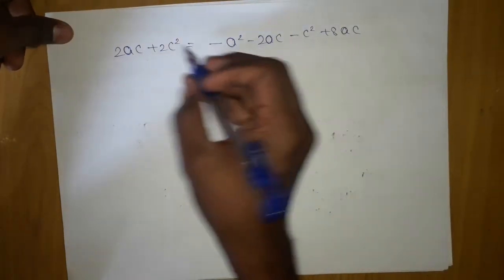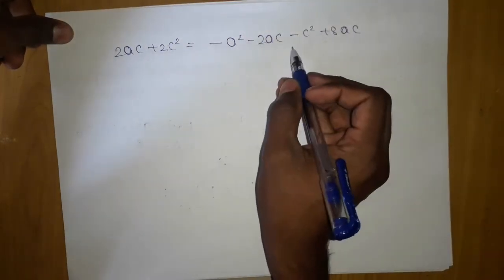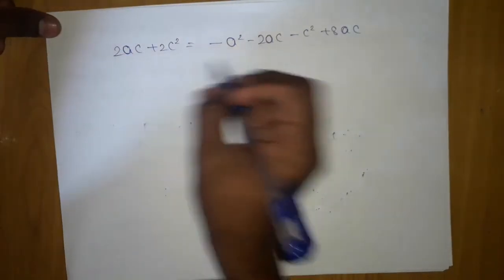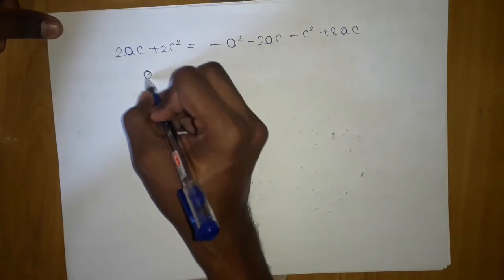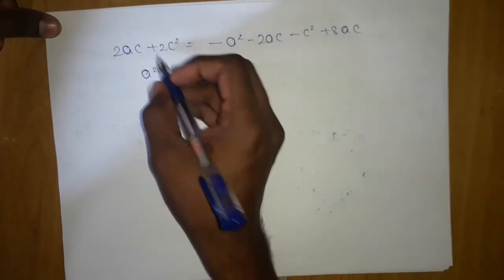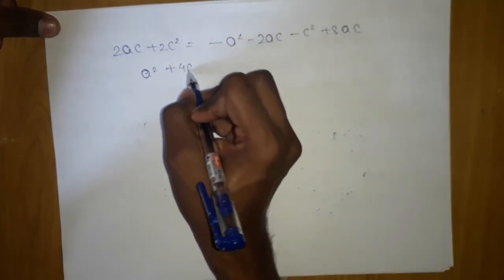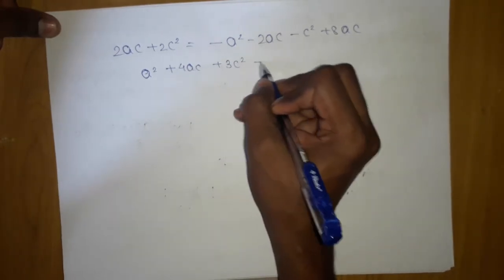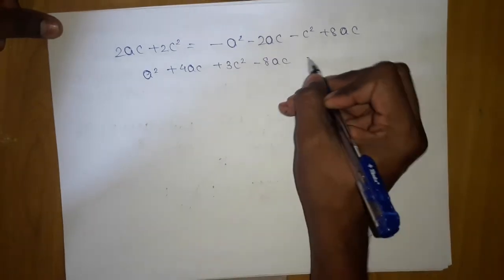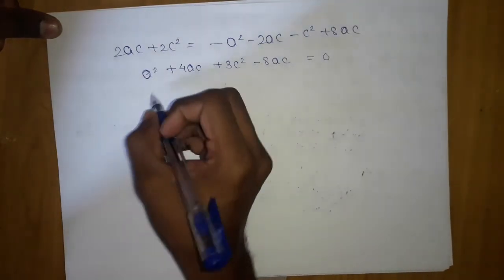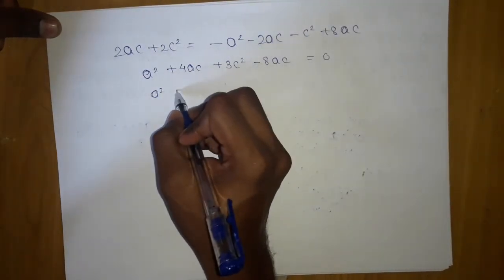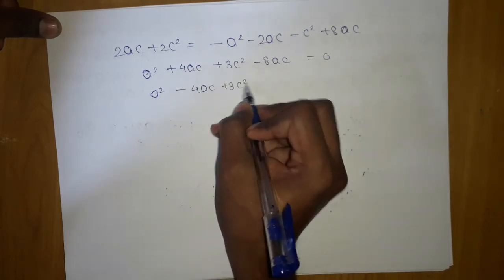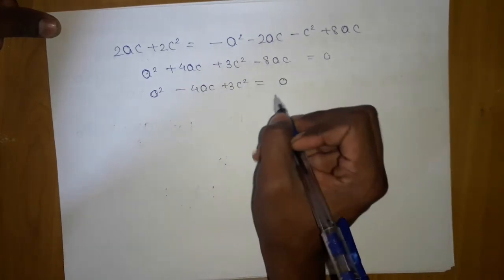Further on, if I move all the things here, I get a square plus 4ac plus 3c square minus 8ac equal to 0, which indirectly leads us to a square minus 4ac plus 3c square equal to 0.